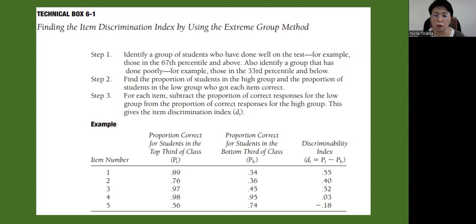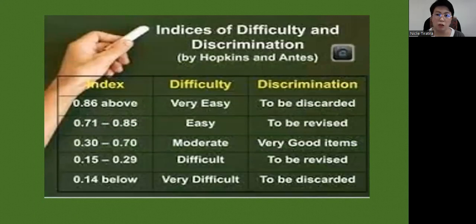Then 89 over 100 would be 0.89, and 34 who got the item correct for the lower group over 100 is 0.34. Then you subtract the proportion of the lower group from the upper group, which is 0.89 minus 0.34, and your answer would be 0.55. Okay, so we have here the indices of difficulty and discrimination.